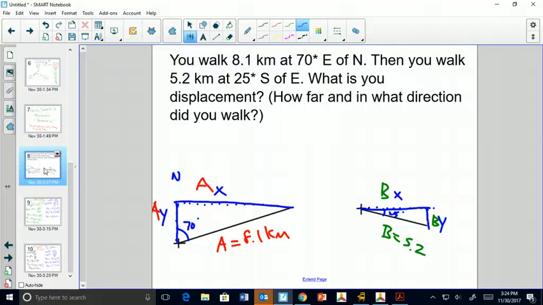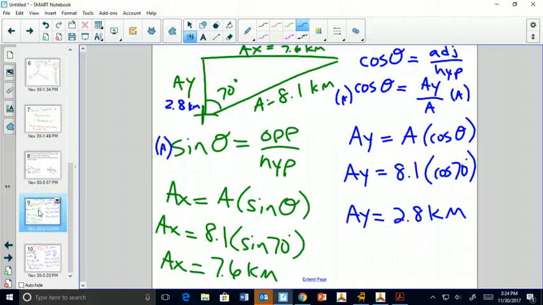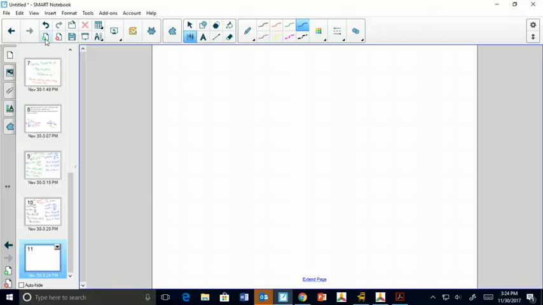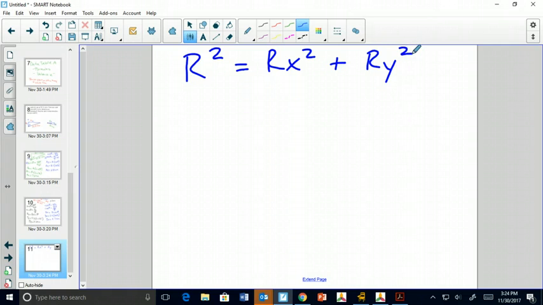Now I'm going to add those together because I have my y and my x for A, and I have my y and my x for B. So, because we know that R squared, the resultant of these two motions, is equal to my Rx, so both of my x's added together, plus my resultant in the y direction, all my y's added together. And I'm squaring all of those, of course, because it's Pythagorean theorem. A squared plus B squared is C squared.